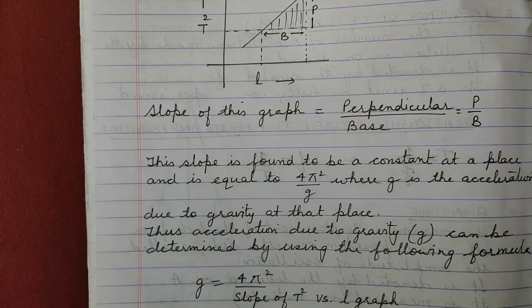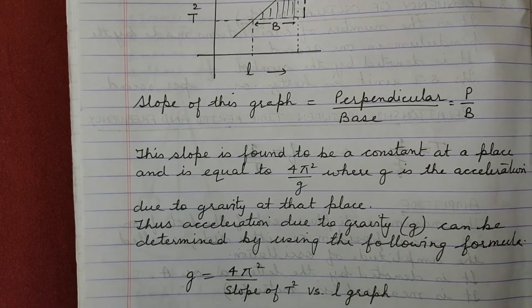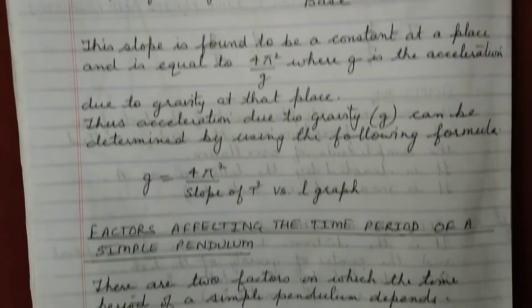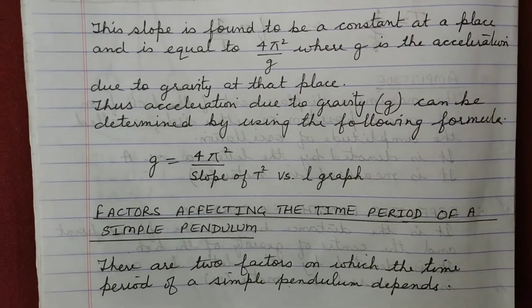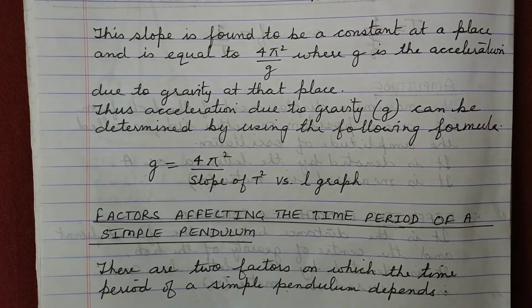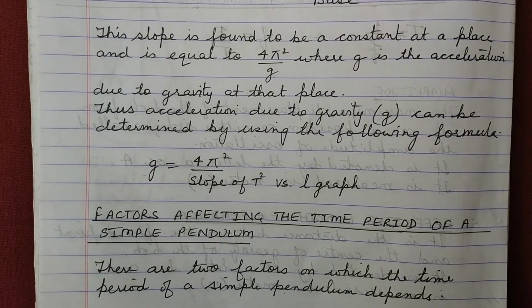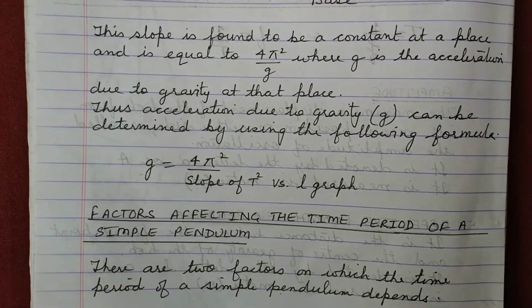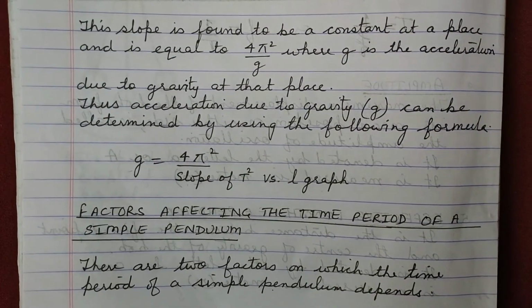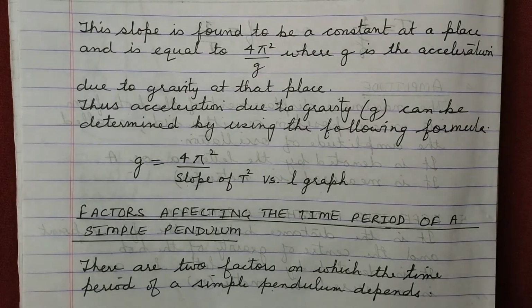If you are asked any time to name the factors on which the time period of a simple pendulum depends, then you straightforwardly write the factors only. Basically there are two factors. One is the length of the pendulum, and secondly the acceleration due to gravity.